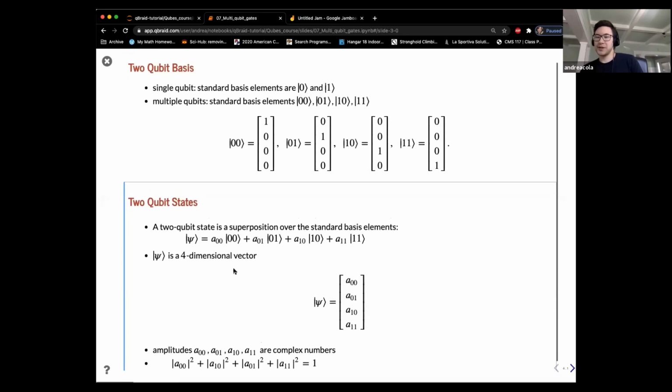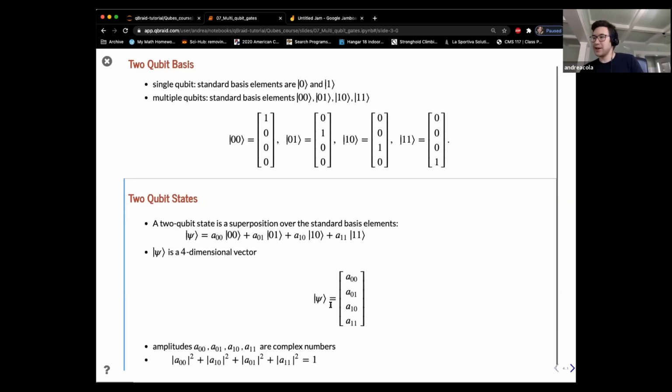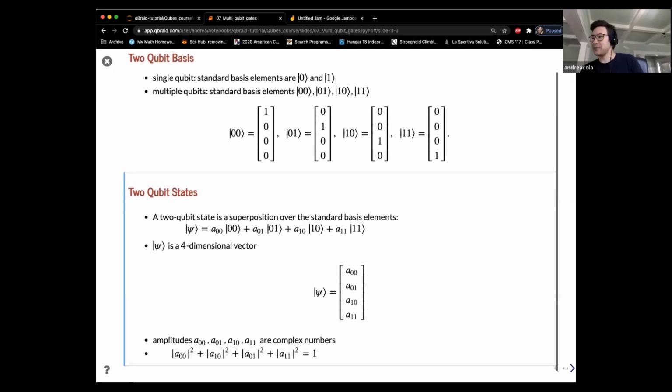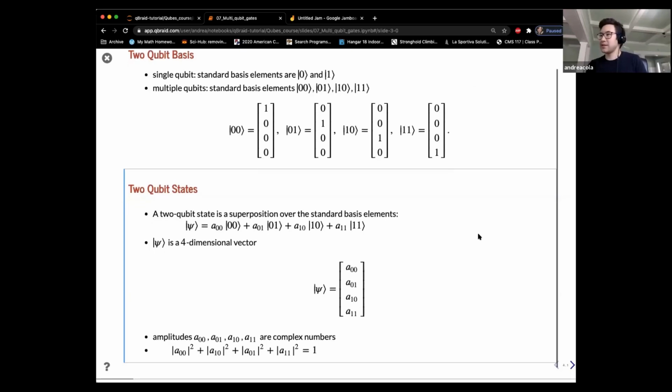We can interpret this as a 4-dimensional vector, and we write it in the column vector form like this. And again, of course, the amplitudes are complex numbers.